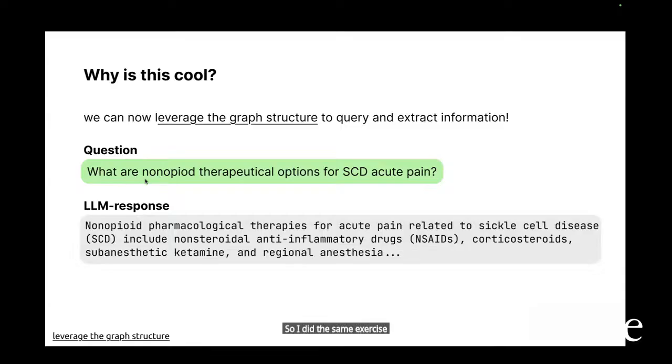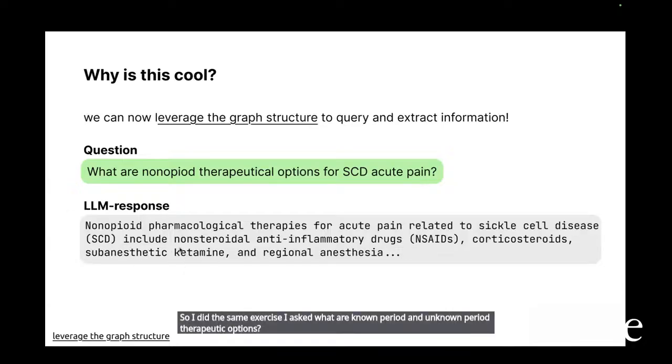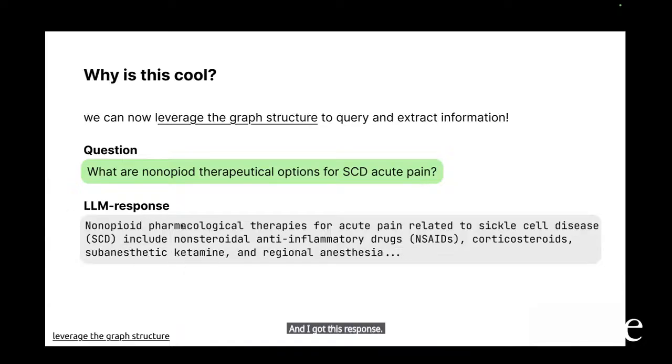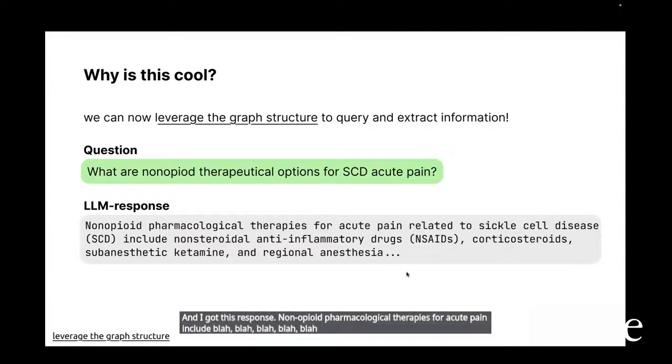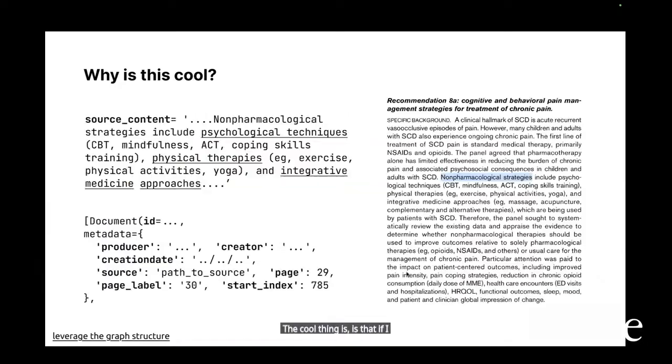I asked, what are non-opioid therapeutic options? And I got this response. Non-opioid pharmacological therapies for acute pain include blah, blah, blah. The cool thing is that if I went to my document and searched this exact phrase, I would find this exact phrase in my PDF.